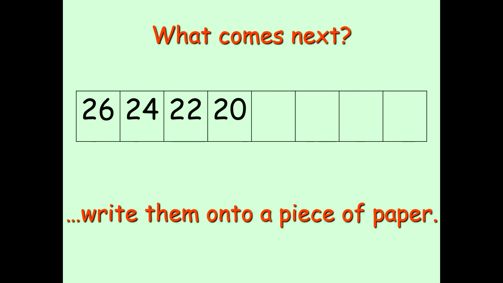Okay, we're at 26, 24, 22, then down to 20. Again, write down the next 4 numbers in our number pattern, please. Okay, now we're at 55, then down to 50, 45, 40. Again, write down the next 4 numbers in our number pattern, please.